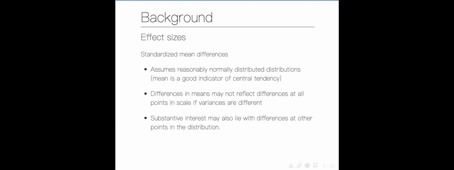So you have very far below, almost proficient, proficient, and advanced, right? And so you have these cut points that are sort of separating this continuous scale into these categorical groups. So you might be interested in the difference between two groups, like treatment control, at the cut point that separates the low from proficient or whatever.